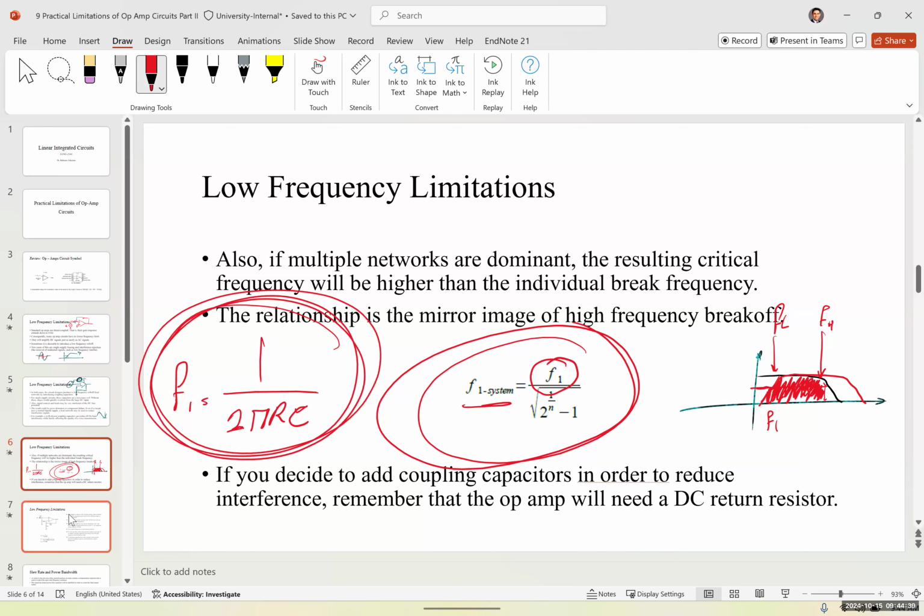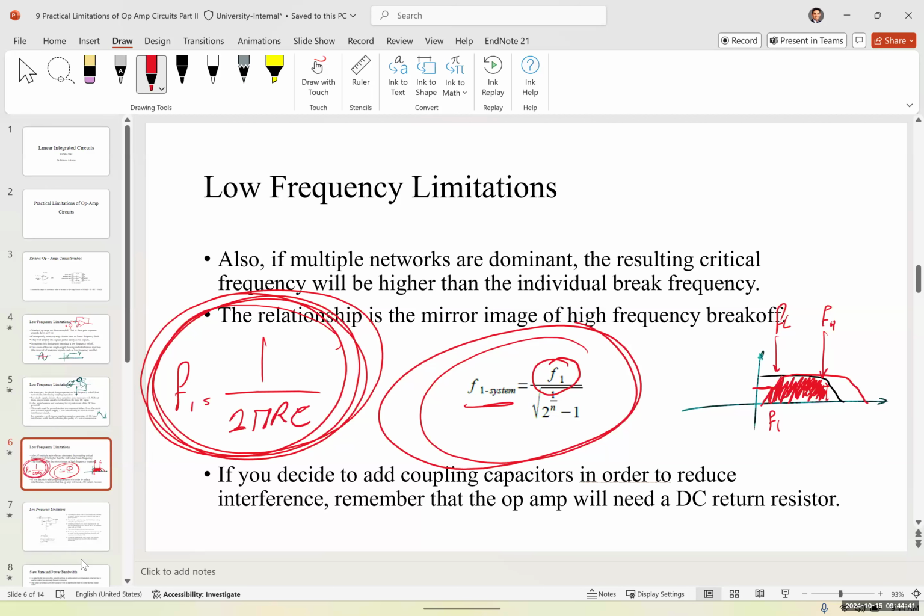So the cutoff frequency is determined by this equation: F1 is 1 over 2 pi RC. Do you remember what F2 was, or the upper cutoff frequency? Yes, perfect. Gain bandwidth, or F unity over A noise.